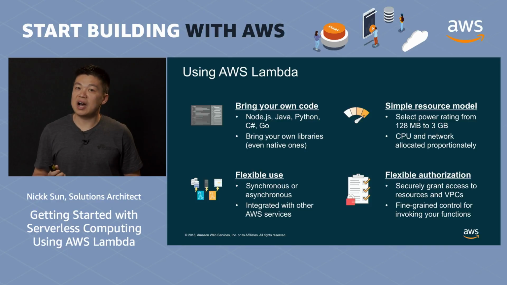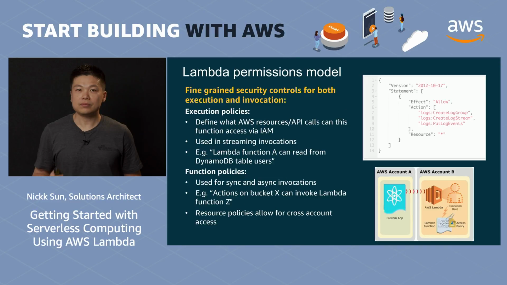And security is always the highest priority in AWS. You can securely grant your function access to resources from AWS services or within your VPC. Let's have a look at how this access control is operated. With the Lambda permissions model, we're talking about two types of policies here. First, execution policies. This part allows your function to assume an IAM role with a specific policy.